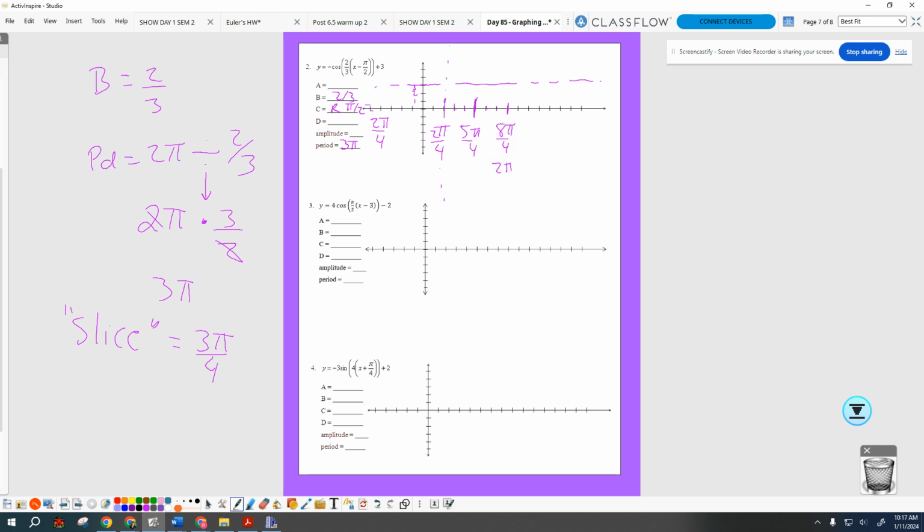And then add another 1, 2, 3 pi over 4. And then another, 12, 13, 14 pi over 4. So now I've got them all labeled out. That's the end. So I need to have the whole complete wiggle in there.